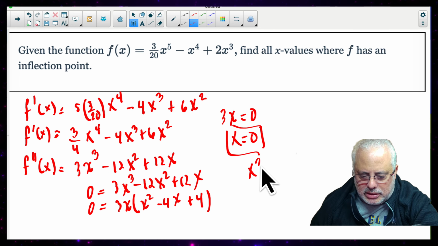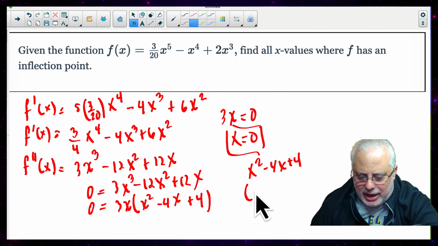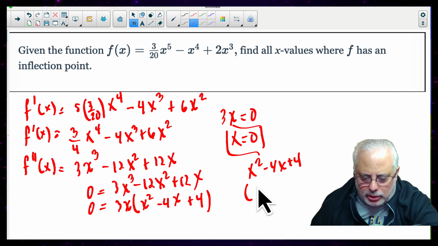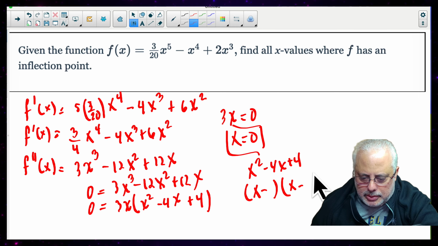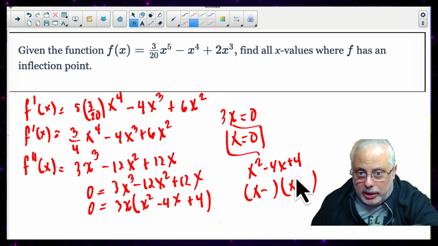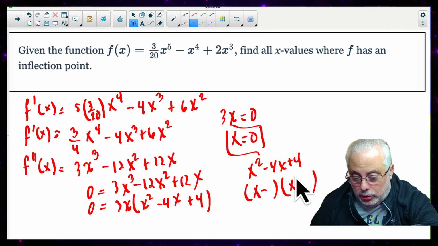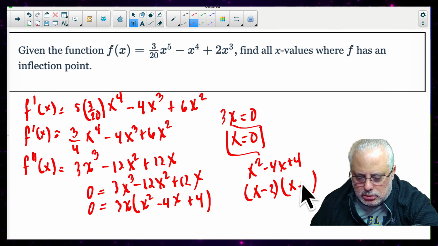And we have x squared minus 4x plus 4. That is no more than a trinomial, so you can factor it: x minus, times x minus. We need a combination of two numbers that when you multiply give you 4, and when you add them up give you negative 4. So it's 2 and 2.